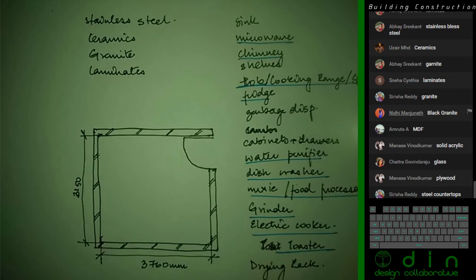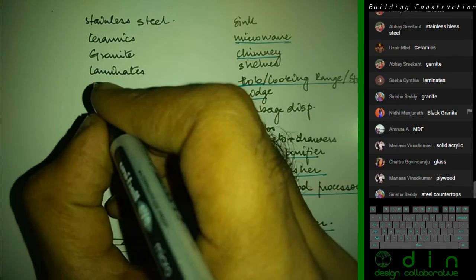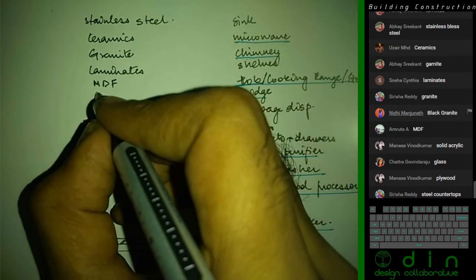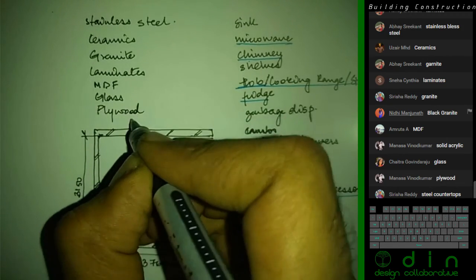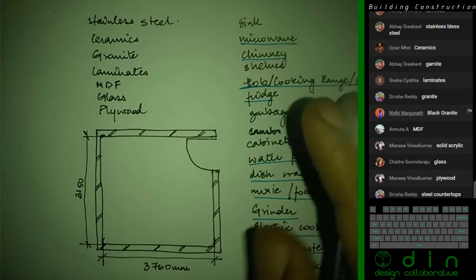That's interesting. I'm not writing that down mostly because I don't know how you plan to use it, but MDF, glass, plywood, steel countertop, and workstations.